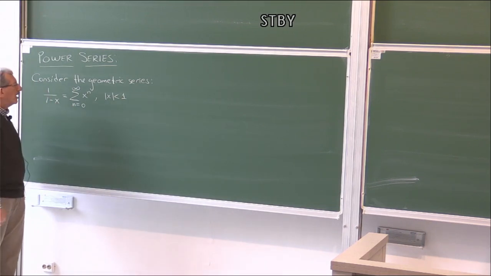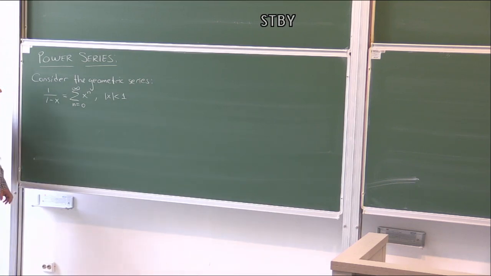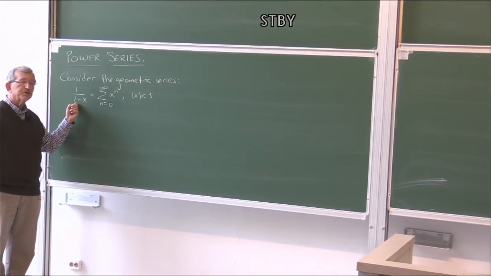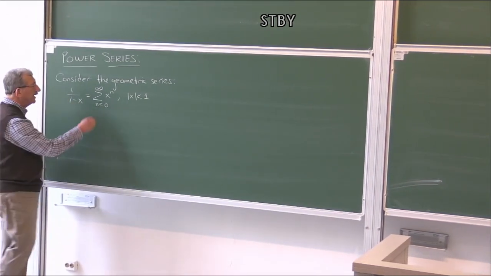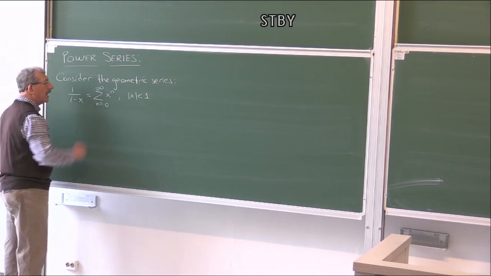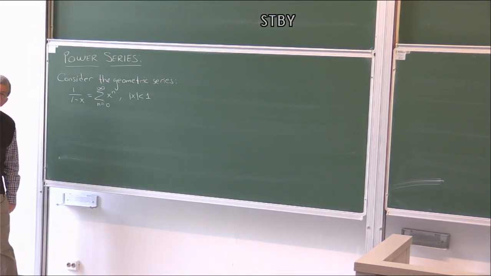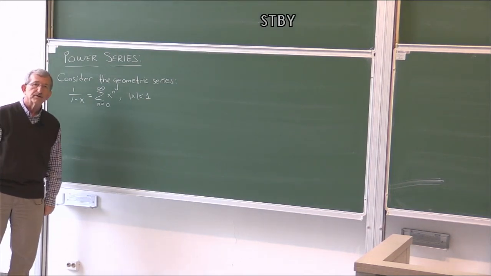Now, this actually says that the function 1 over 1 minus x can be written as an infinitely long polynomial. Well, these are called power series.